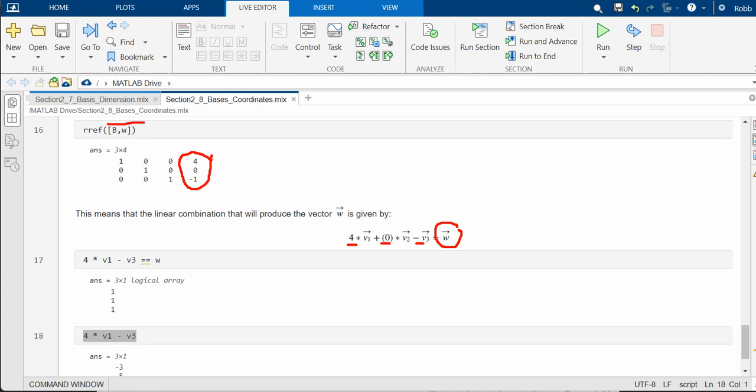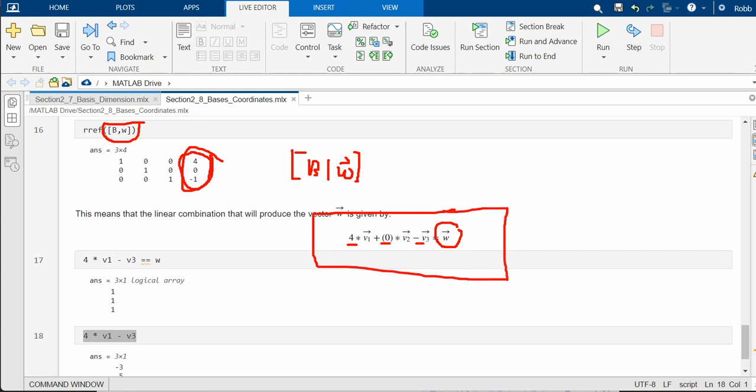So when I row reduce the augmented matrix, the matrix B augmented with the vector W, the solution vector over here will in fact be the coefficients of the correct linear combination of the vectors V that do in fact equal W.